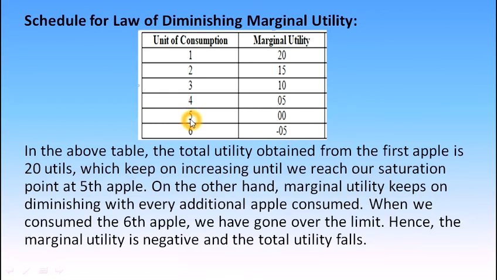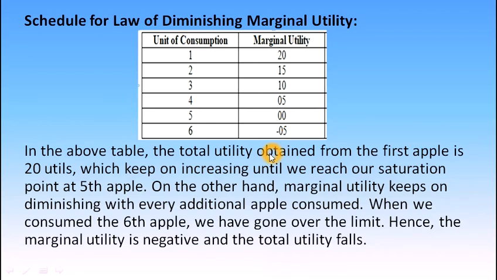At this point, the marginal utility becomes zero. That means at this point the consumer is fully satisfied, and after this point, if he consumes more, the marginal utility will become negative. So this utility will convert into disutility.